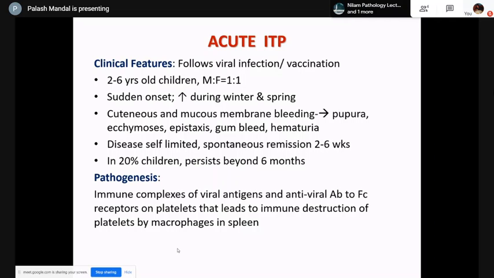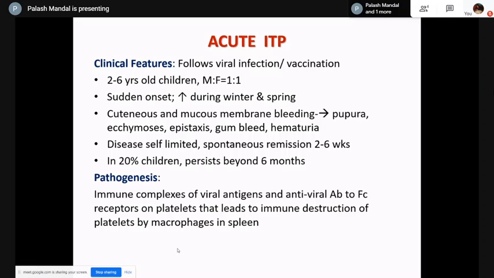So skin surface bleeding may lead to these terms: purpura, ecchymosis. Purpura is the smaller dot-like bleeding points just beneath the skin. Ecchymosis is when the purpuric spots coalesce together, and a larger surface of bleeding appears under the skin. Purpura are the small bleeding spots like dots, like spray painting.